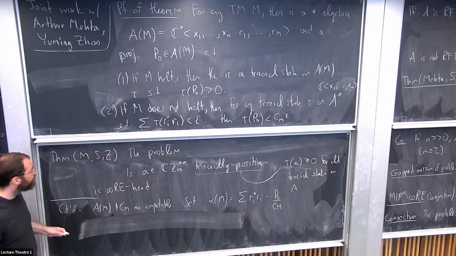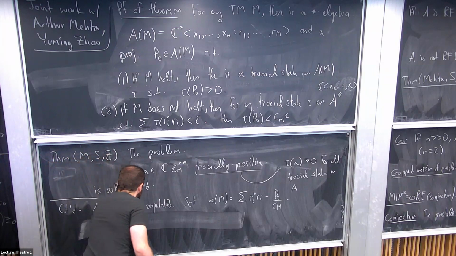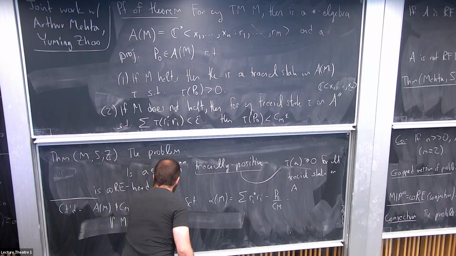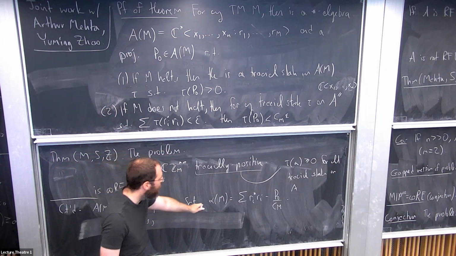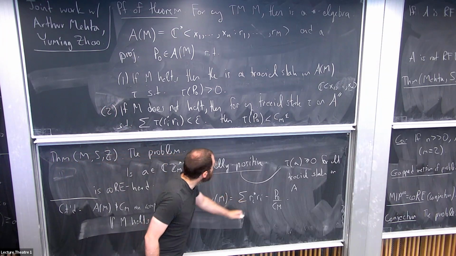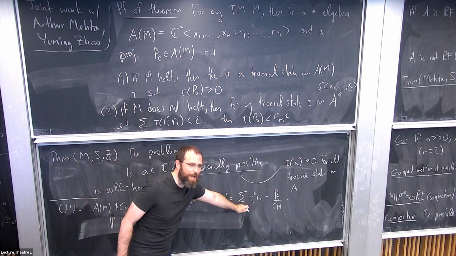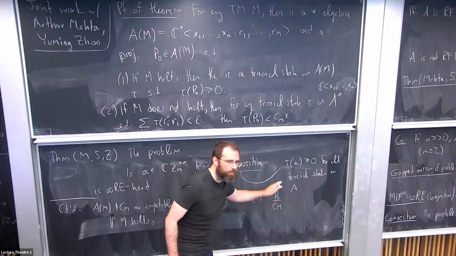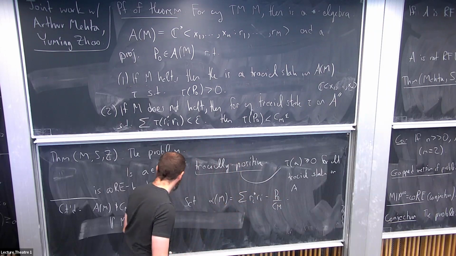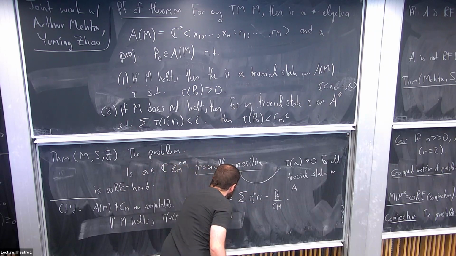So the idea is, if we're in the halting case, we take the tau from 1 and apply it to alpha m. The point of being a state on AM is that Ri is 0 in AM. So tau on this is just 0, but it's positive on P0. So we get something negative here. So tau of alpha m is less than 0, which implies that alpha m is not tracially positive.